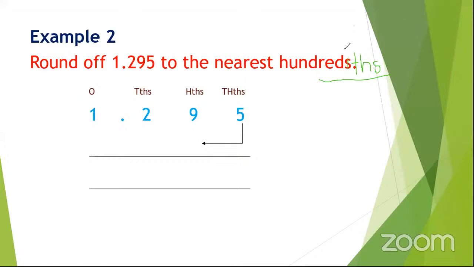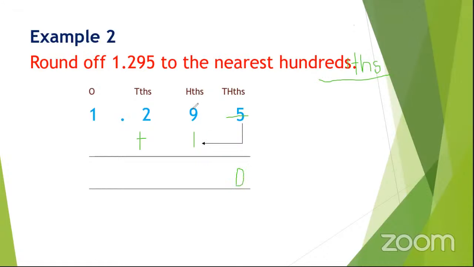Yes? The place value is thousandths and the digit is 5. Thank you so much. And remember, we said if you have digits from 5 to 9, we add a 1 to the required place value. So we shall have it as plus 1. So this 5 will become a 0.